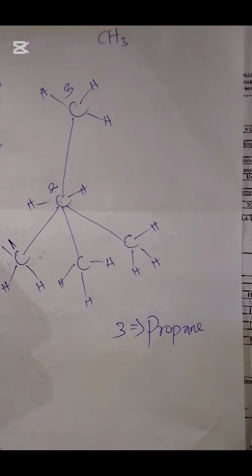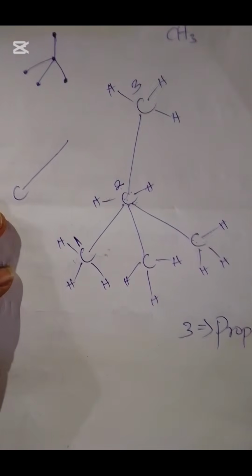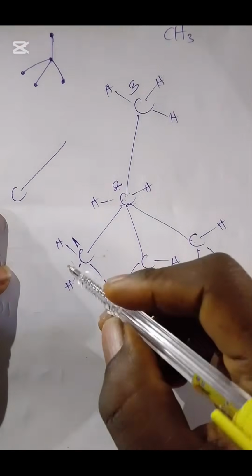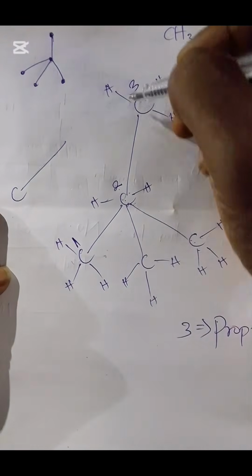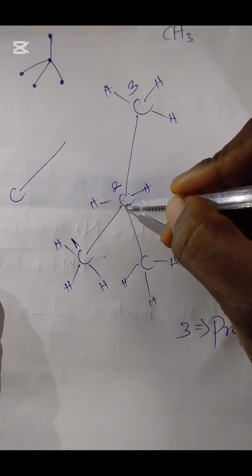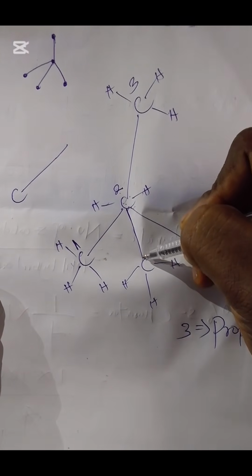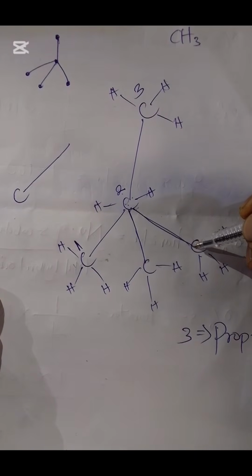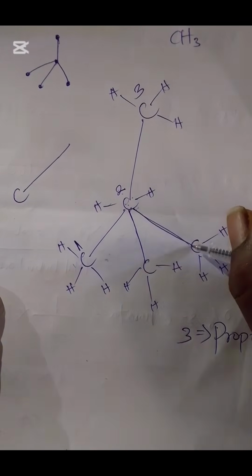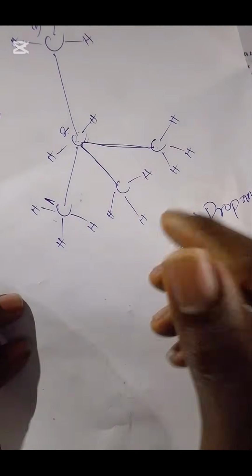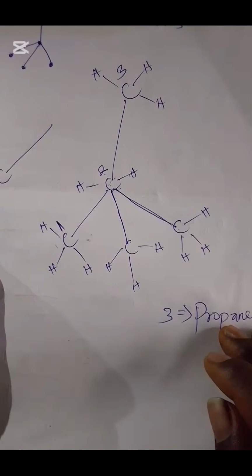Up next, if I'm moving in this direction, 1, 2, 3, then I'm going to have this one, and this one is methane, and this one is methane. So we are having 2 methanes as substituents.